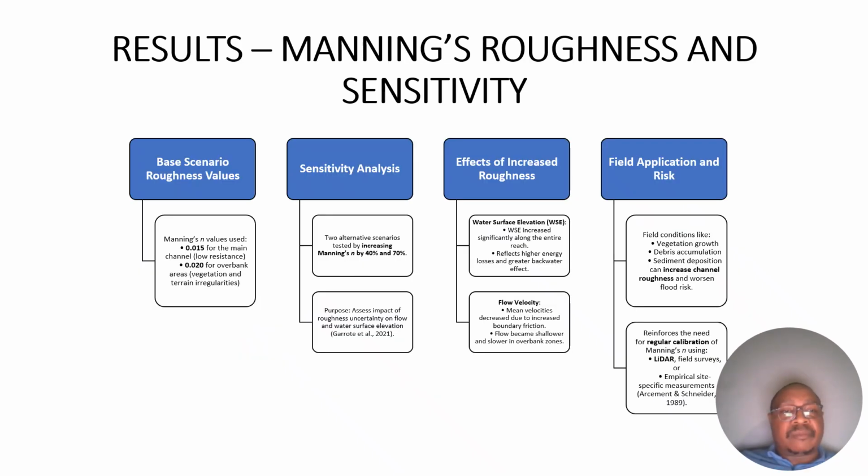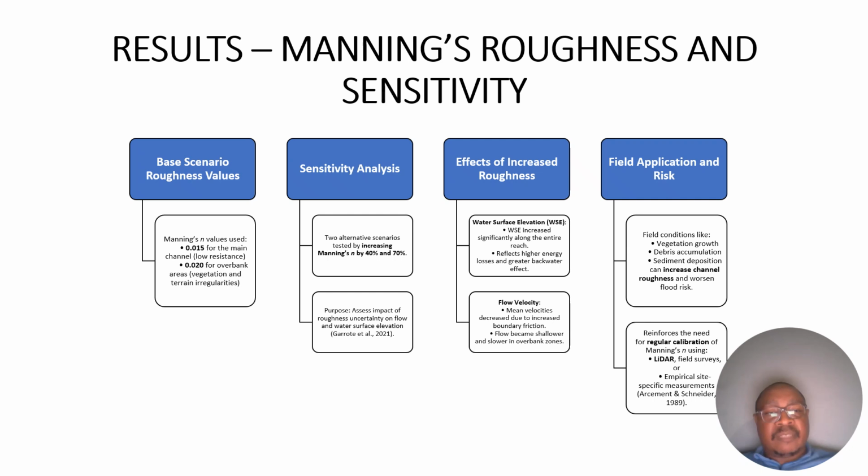And in terms of the results, the Manning's roughness and sensitivity are based on the following. For the base scenario, the Manning's n values used are 0.015 for the main channel and 0.025 for the overbanks.